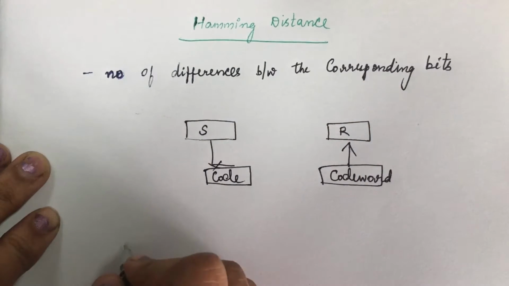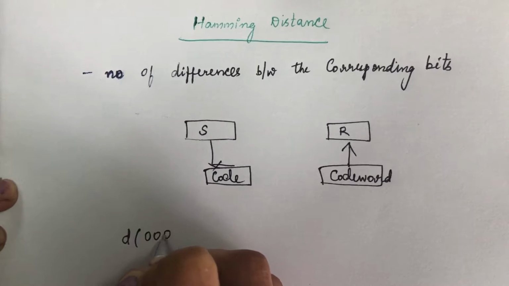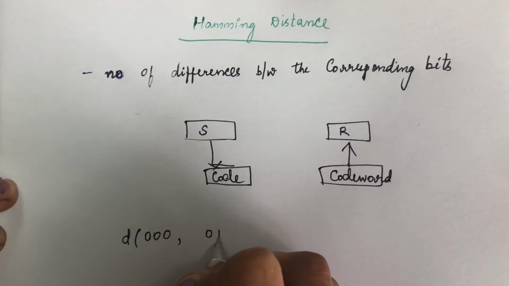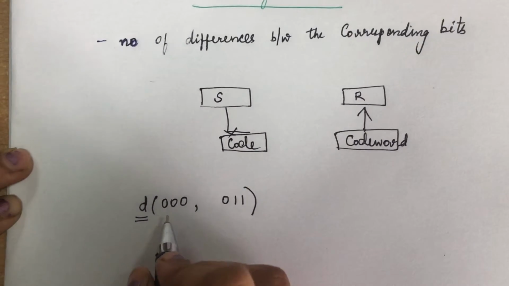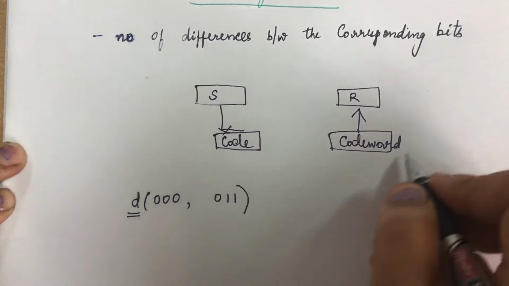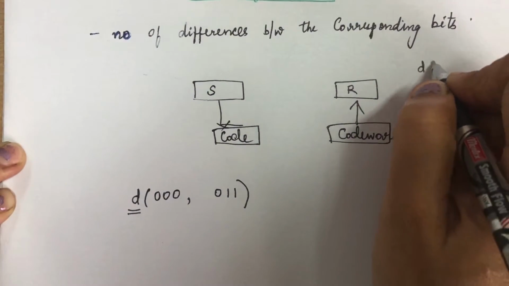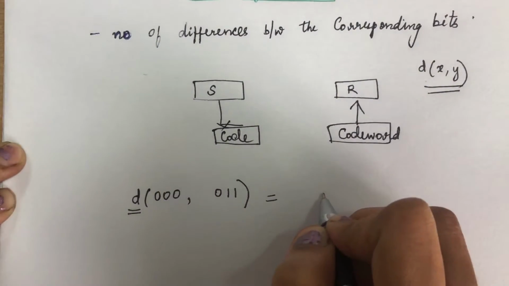For example, if the sent code word is 000 and the received code word is 011, the Hamming distance D of x comma y is calculated like this.